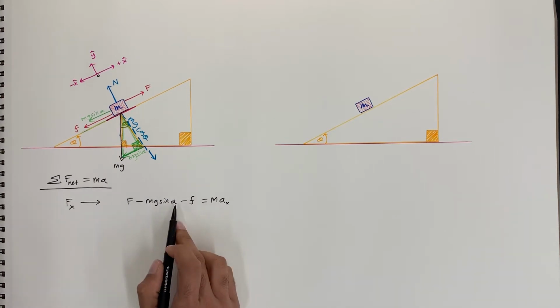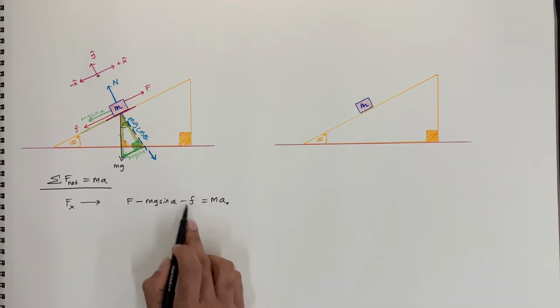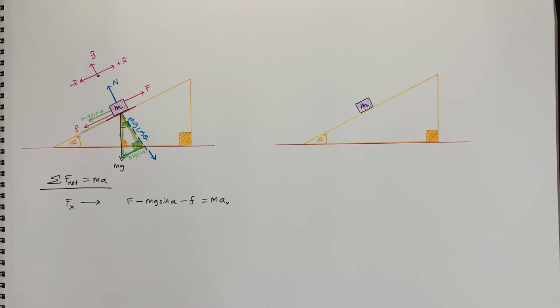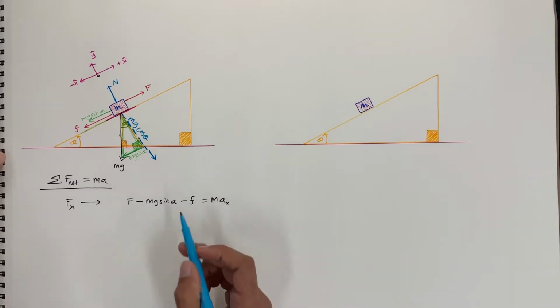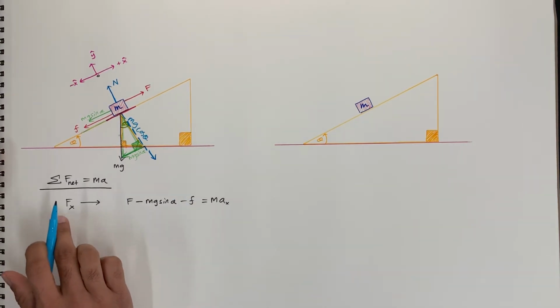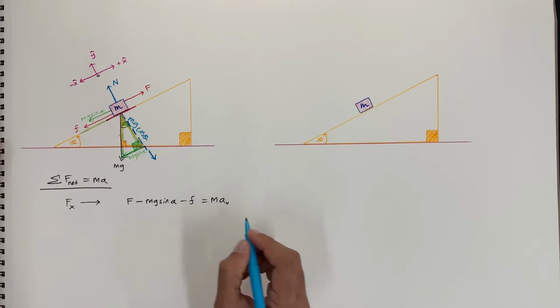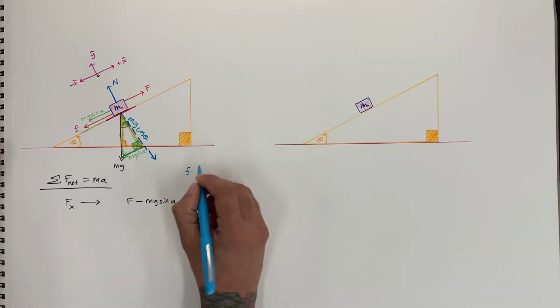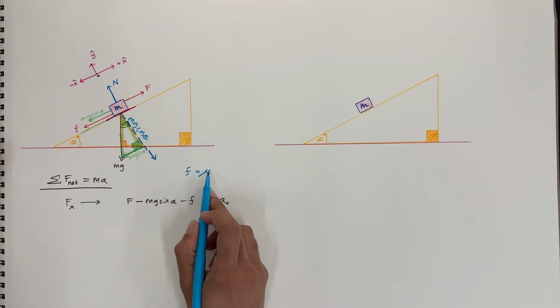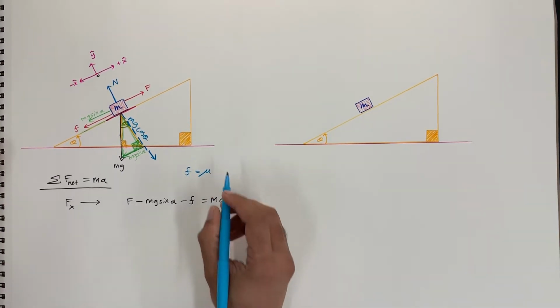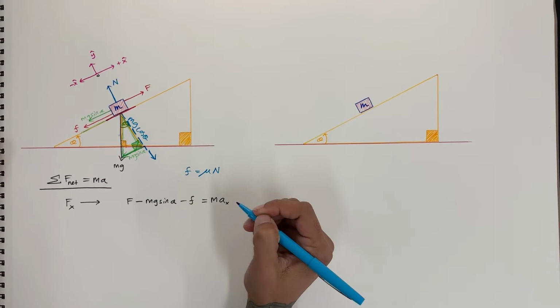All right, so what is friction equal to? Let's write that down. So before moving forward to the force in the y, friction, I'll write it right here. Friction is equal to mu, which is the coefficient of friction, it's the actual number, and the normal force.